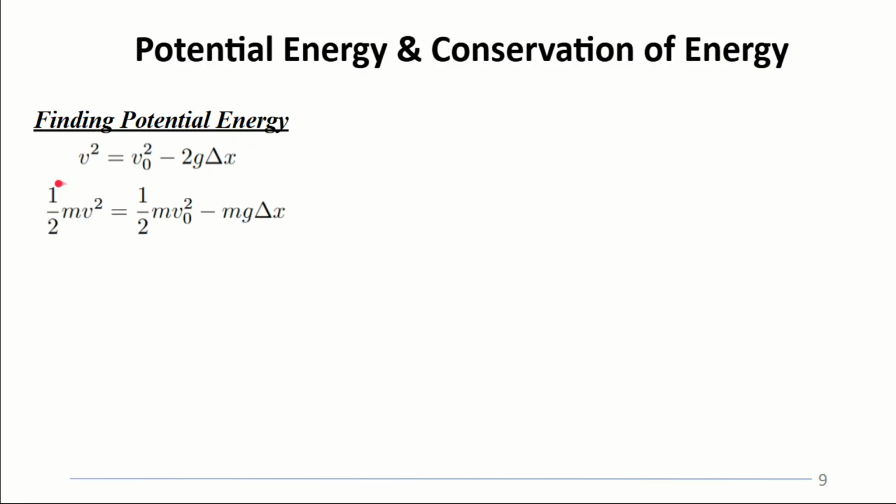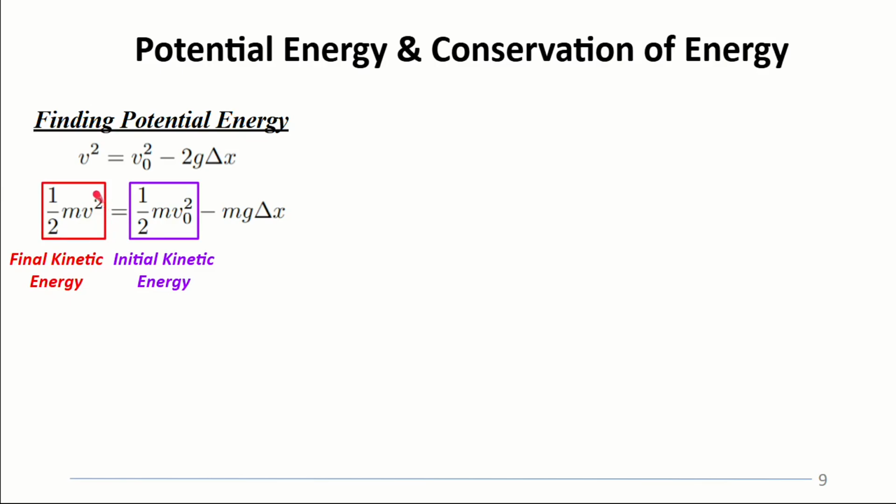And if we do the same trick, we'll notice that we can get this form for our energies here. So you can see we get kinetic energy here and kinetic energy here. And the first one that's listed here is going to be the initial kinetic energy, which is shown here. And then you also have the final kinetic energy, which is shown in red over here.